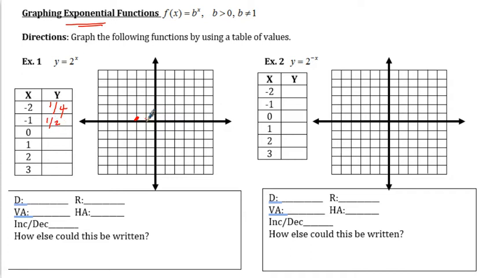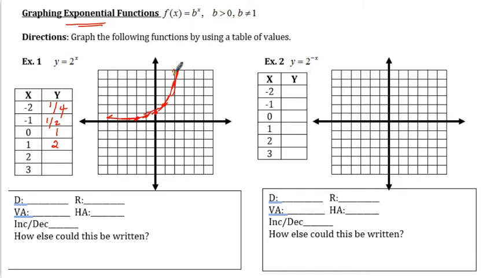So -1 comma 1/2 is on here. If you were to raise 2 to the power of 0, you would get 1, so 0 comma 1 is on this. 2 to the power of 1 is 2, so 1 comma 2 is on this. So you'll start to see that this function looks like this. This is an exponential.